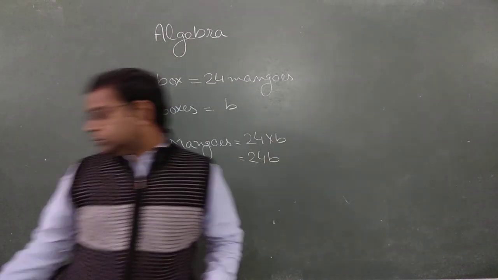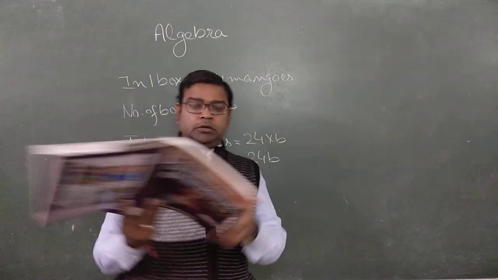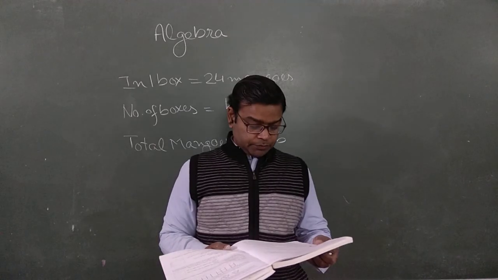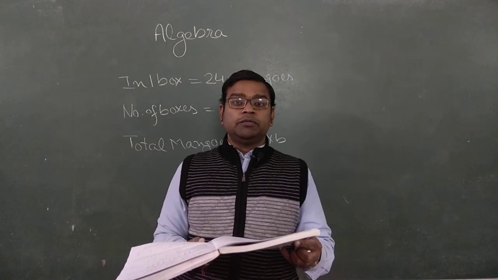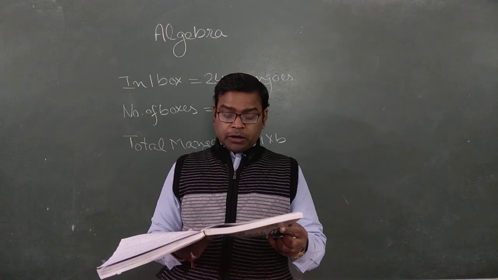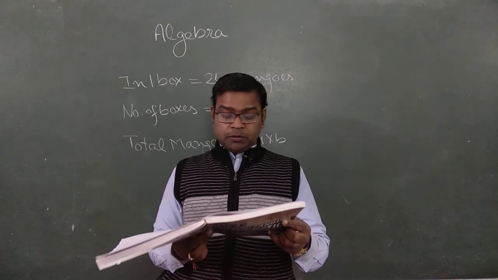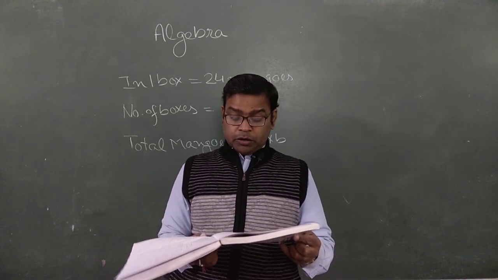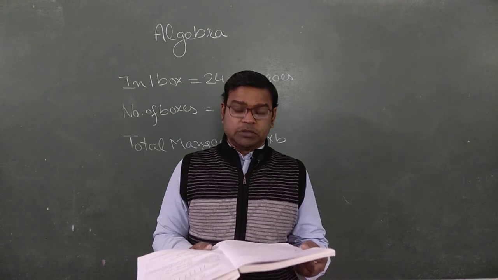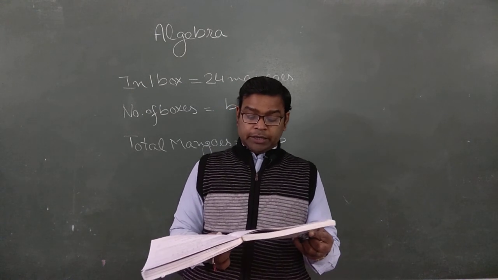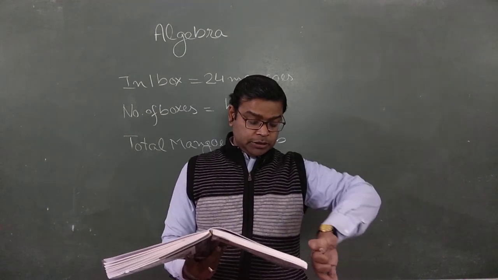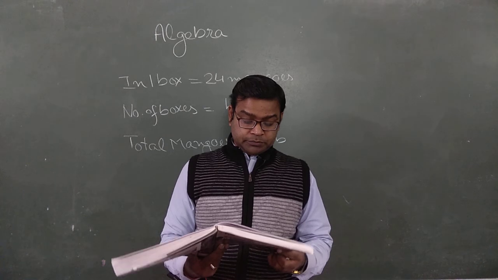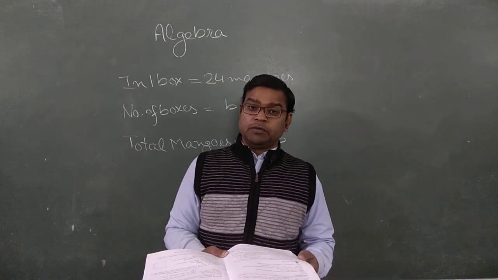Now let me read the question from this book. If there are 24 mangoes in a box, how will you write the number of mangoes in terms of number of boxes? Use B for number of boxes.